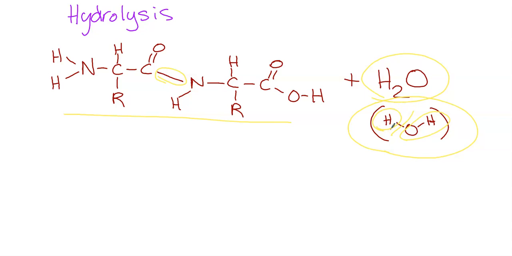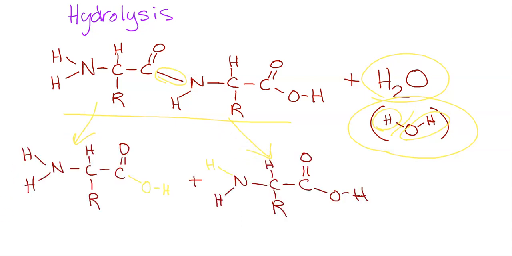All right? So I'm going to draw those H and the OH in yellow when I redraw the new amino acids that are separated so you can see them. So this one will go over here, and this one will go over here. All right, so draw that.